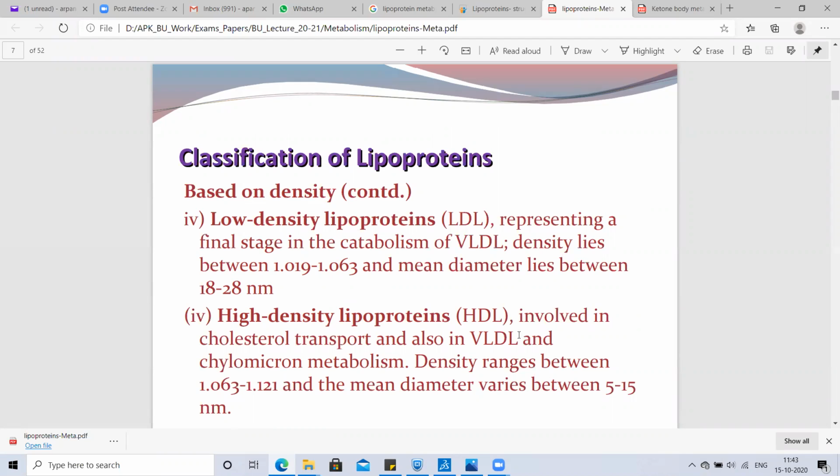And HDL protein is involved in cholesterol transport and also in VLDL and chylomicron metabolism. They are high density, with density range between 1.063 to 1.21, and the mean diameter varies between 5 to 15 nanometer.